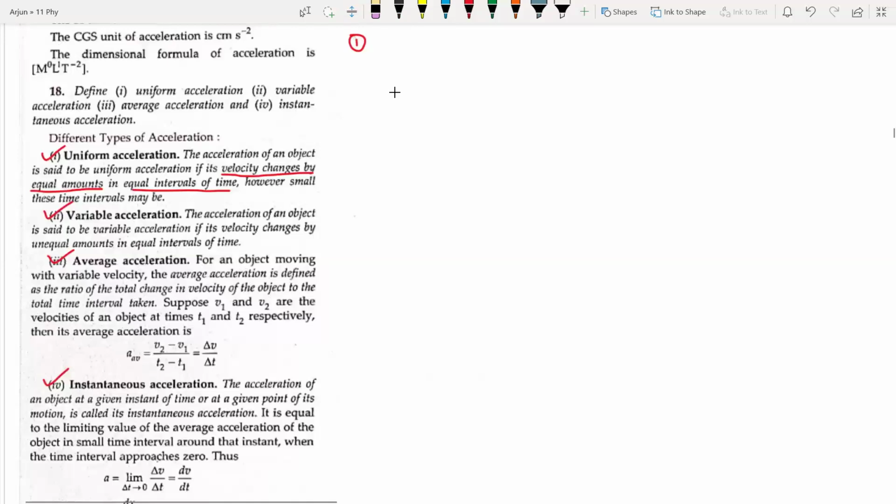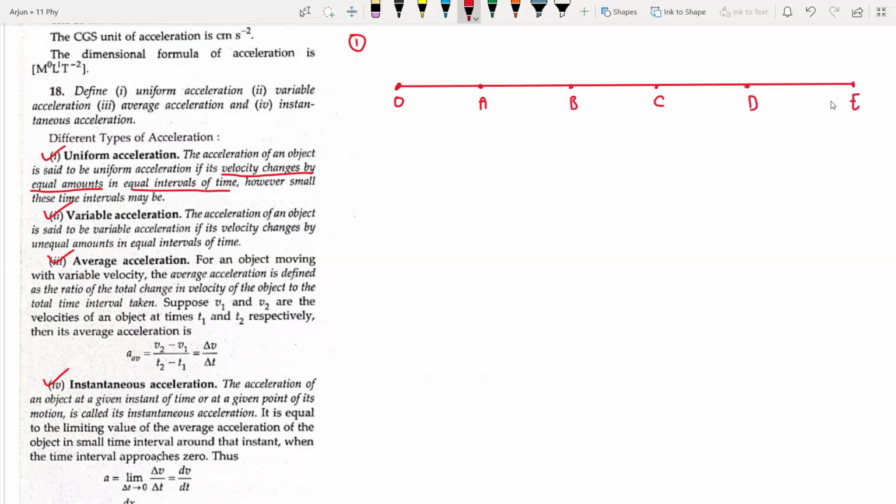Consider a body going in straight line motion, and this is the initial point. Let us consider it as O, the origin. Here we have points A, B, C, D and E. These are the different points.